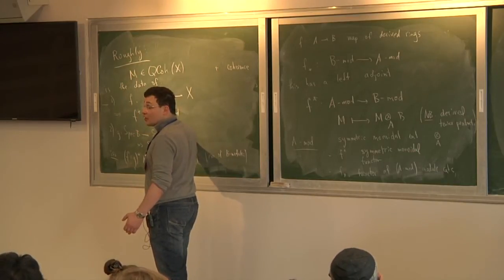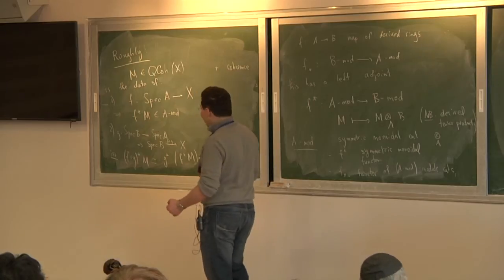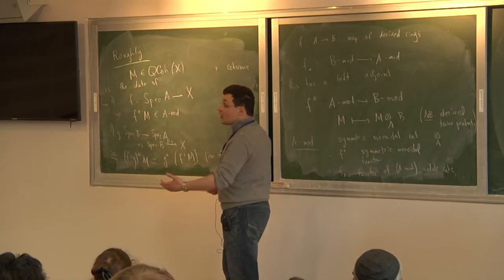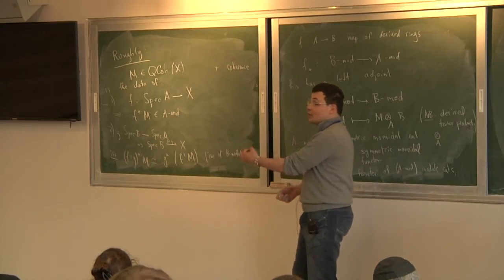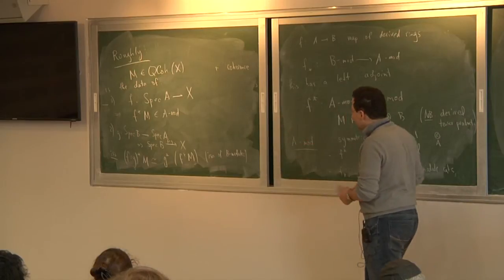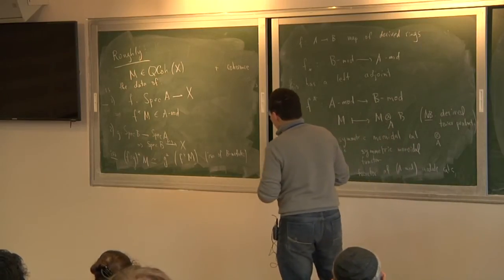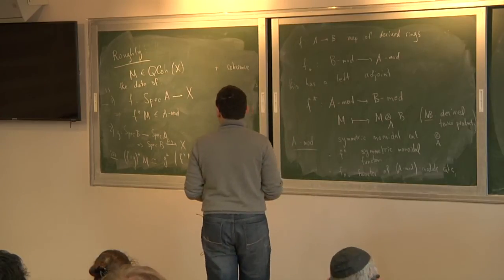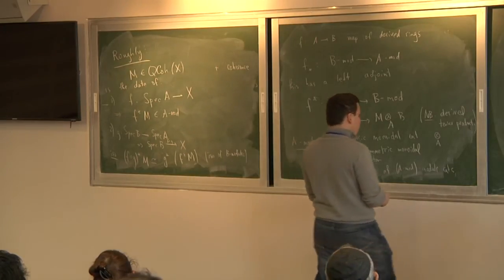Whenever I write this symbol, this means object of. If you like, a DG functor from the point category to this guy. So this is roughly the data of what a quasi-coherent sheaf is.